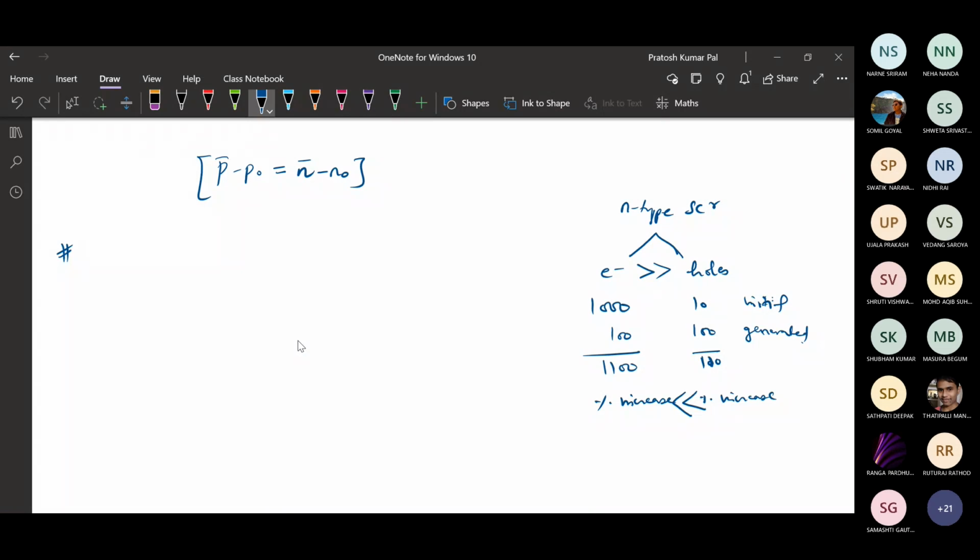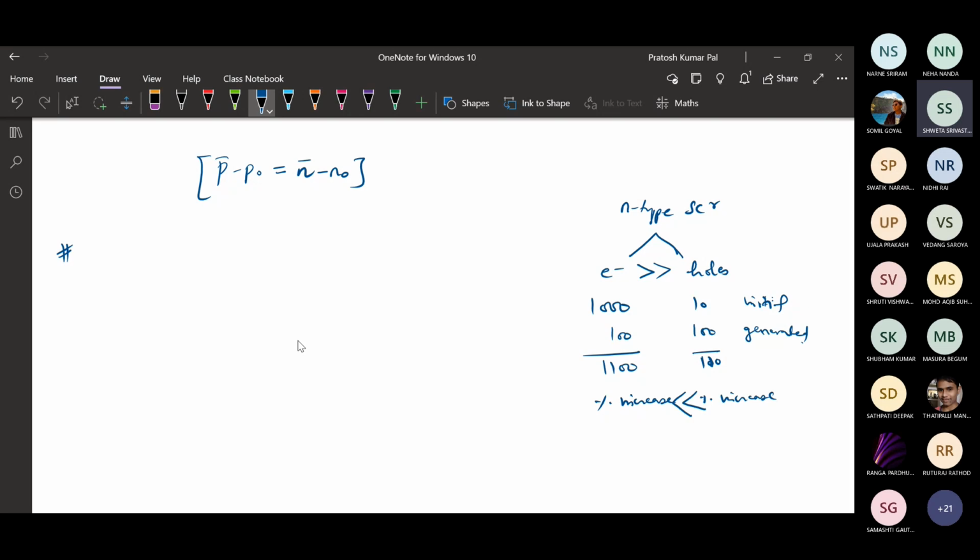That means the effect on the electron concentration will not change in a sufficient quantity. But in case of holes, that is the minority carriers, once we provide thermal energy, it will increase the minority carriers, and that will affect the quantity very highly. The impact of the variation in the minority carriers will be very high.